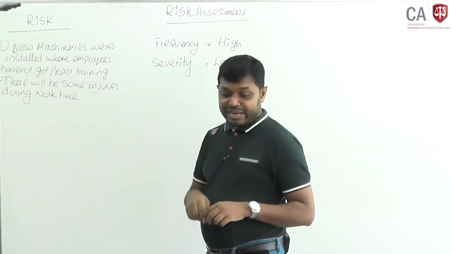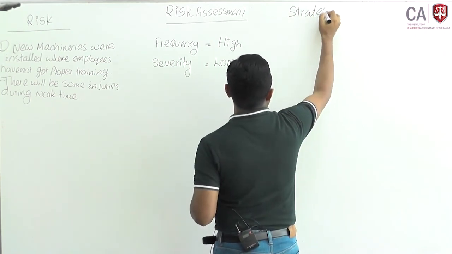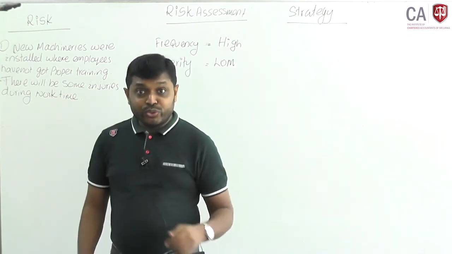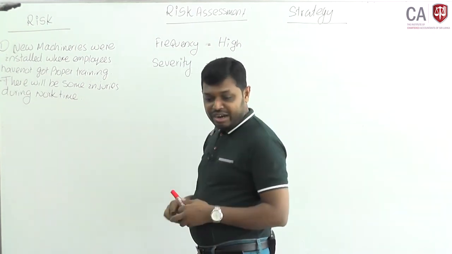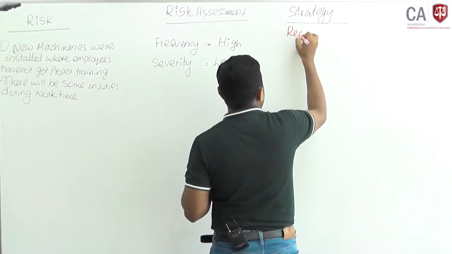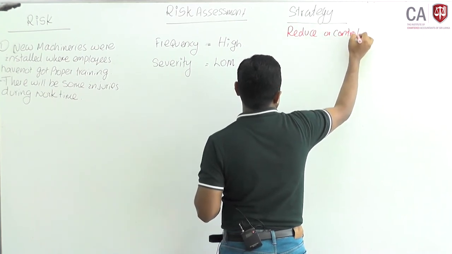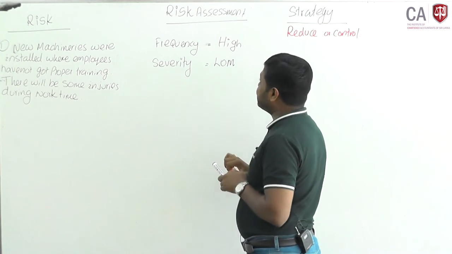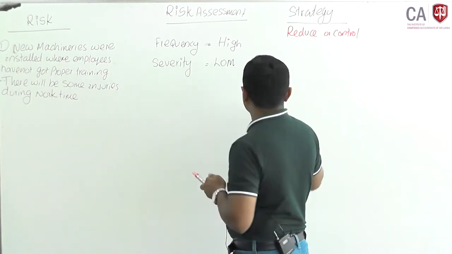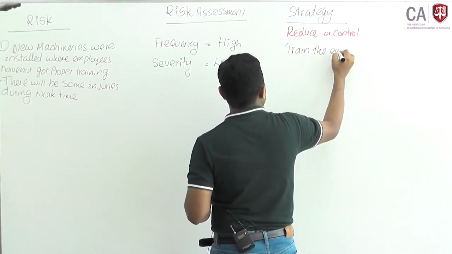Then what is the suitable action? Then the strategy. What should be the strategy? You can reduce this risk. You can say reduce or control. In a risk reduce strategy, how to reduce this?